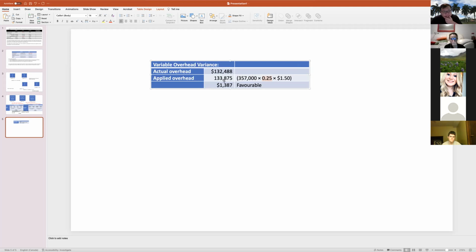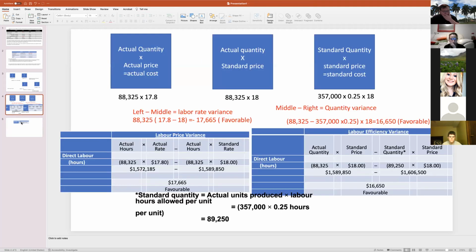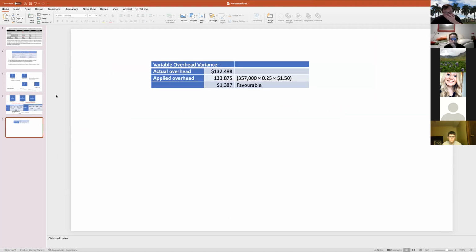Then you figure this out, and you have 1,387 favorable. Does this make sense for the variable overhead? Does anyone have any questions?